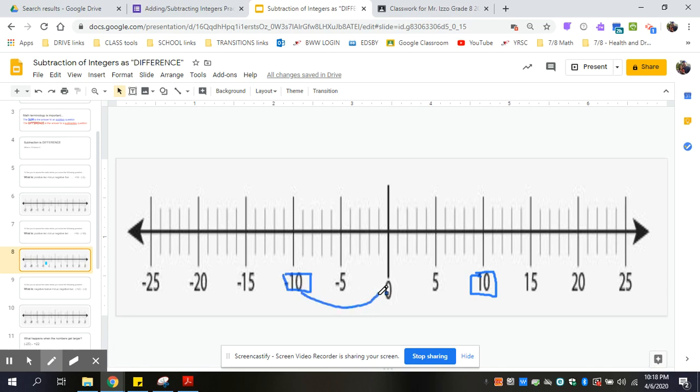It took me 10 to get to 0. Took me 10 to get to 0. Between the two, we have a total gap of 20. Positive 20.